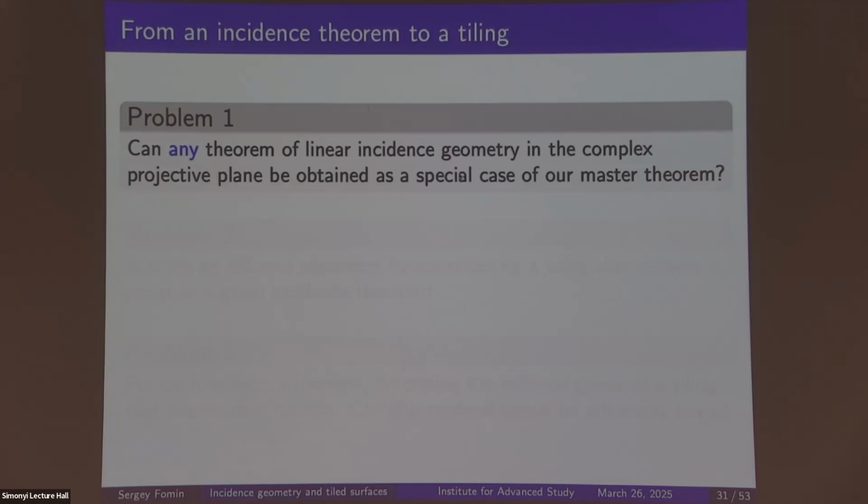Why does my field have to be complex numbers? Because over the reals, we believe the answer is no, because you can encode a statement that if x cubed equals y cubed, then x equals y. Over the reals, this is true. But over the complex numbers, obviously, it's not. And by von Staudt's theorem, any identity can be encoded by an incidence theorem.